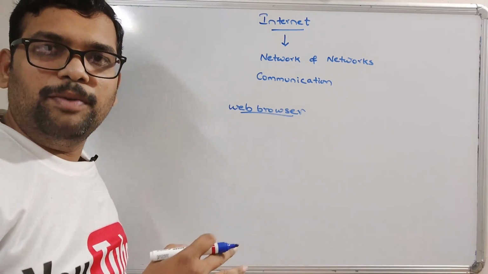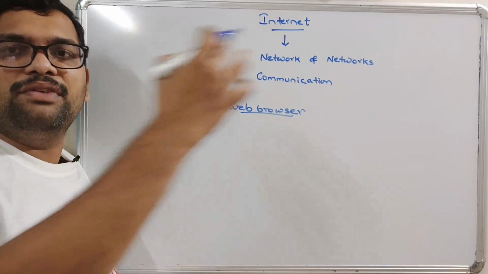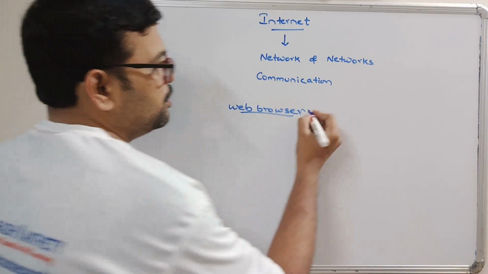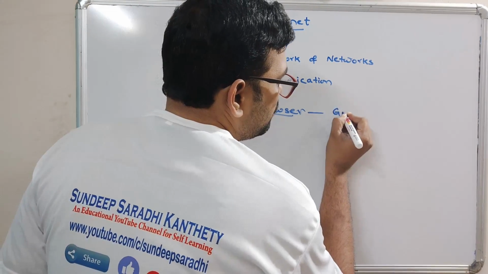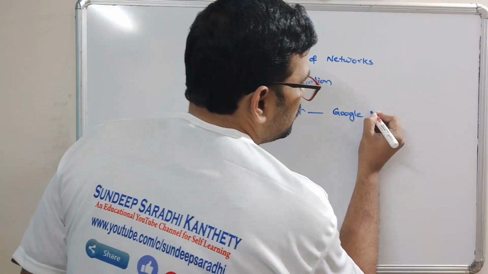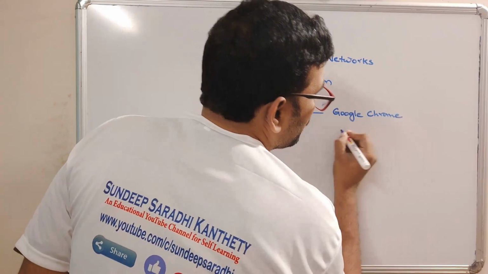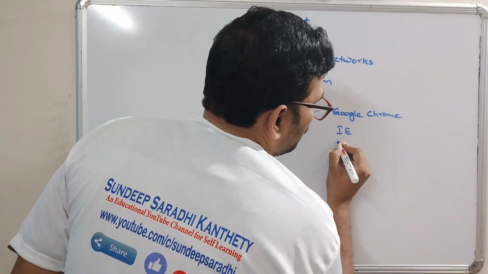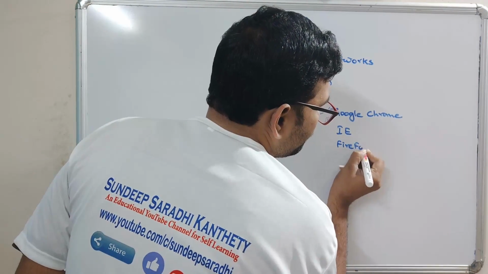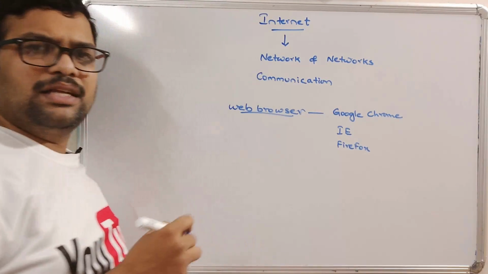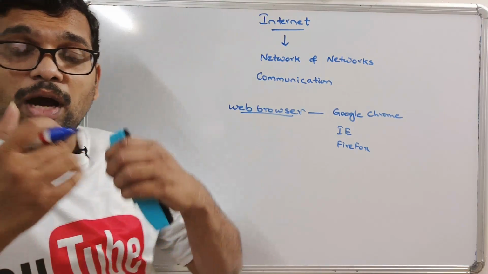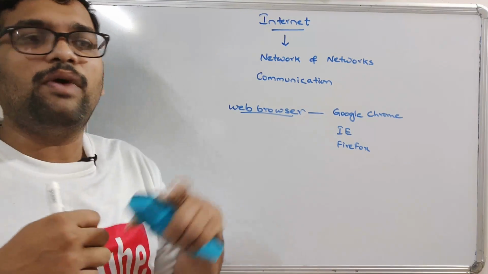With the help of this web browser, we can communicate with the servers, right? These browsers are similar to our Google Chrome, Internet Explorer, Firefox, right? All these are the browsers. So in order to communicate between two systems, we require the browser.